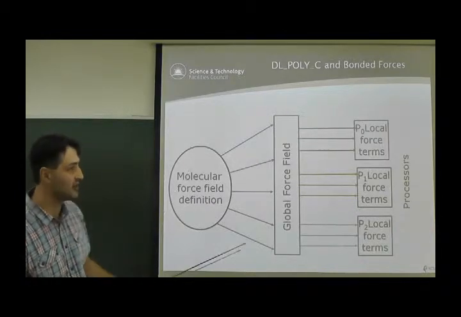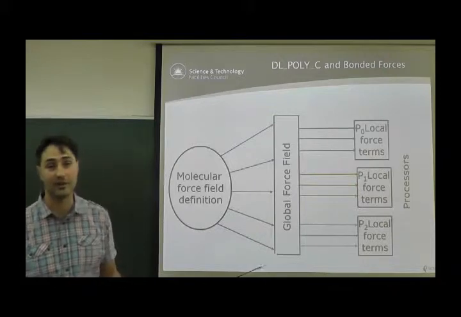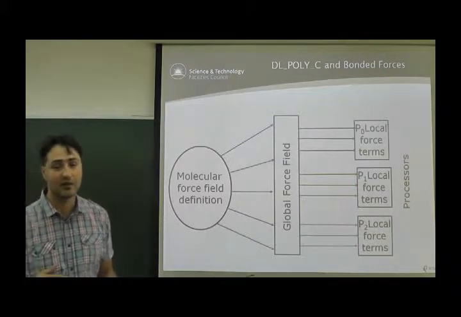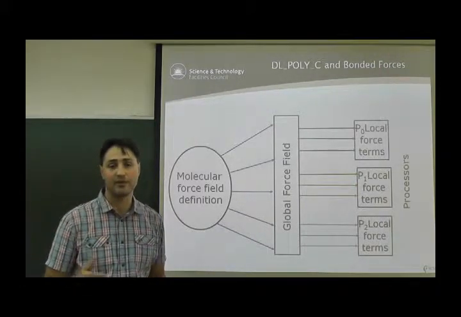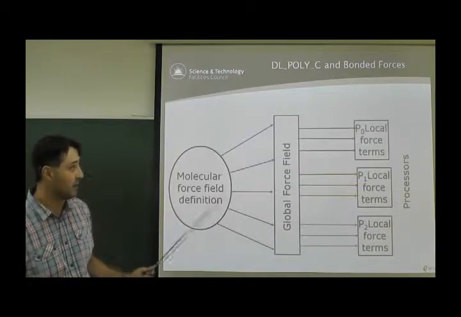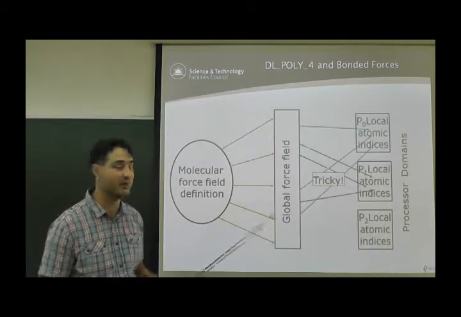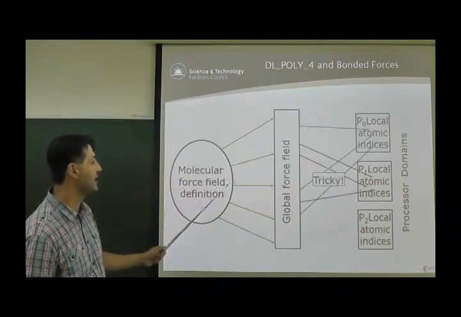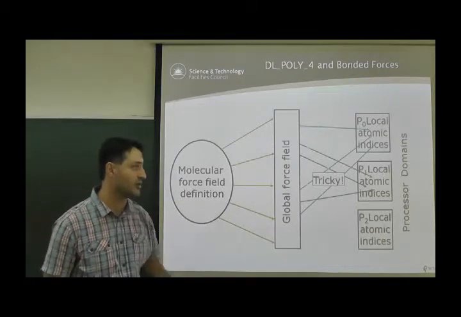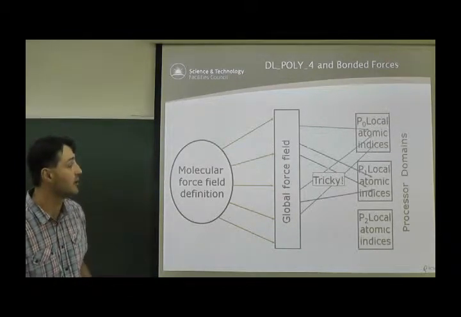And here this is represented by this graph, because we can cut them: if we have 10 bonds and 4 processors, we can start bond 1 on processor 1, bond 2 on processor 2, and so on. But because of domain decomposition in DL Poly 4, this is impossible, and it is quite complicated to do all this bookkeeping. So it is a demonstration to follow here on the slides.